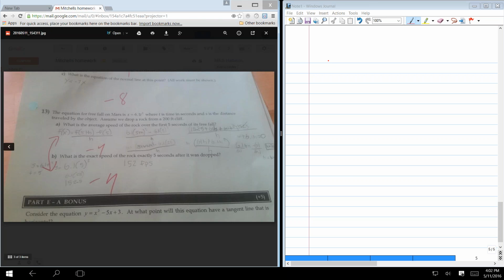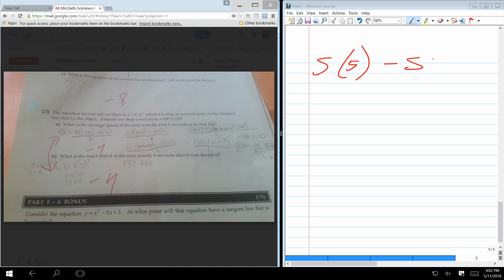So what do I want? I want 5 seconds, so I want s of 5 minus s of 0 all over 5 minus 0. In other words, average speed is slope. It's rise over run.